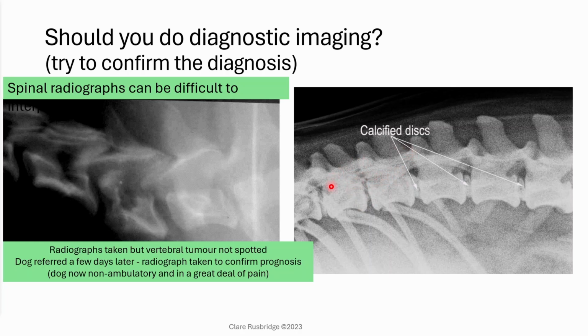You can't see it because the ribs are overlying that region, because the dog has not been tilted enough to see that particular vertebral foramen. Again, I'm not being critical of the vet, because this is difficult. You would have to take a slightly oblique view to see this in this barrel-chested dog.